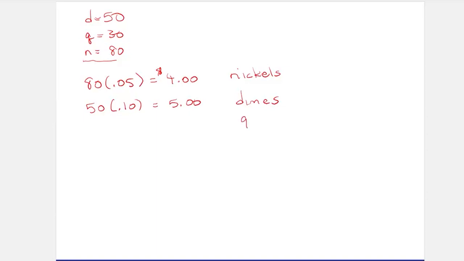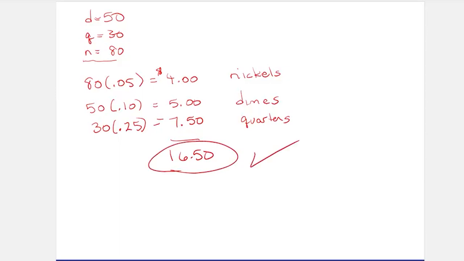And quarters: I have 30 quarters times 0.25, which is equal to $7.50. So let's add all that up. $7.50 plus $5 plus $4 is equal to $16.50, which is exactly what they said it would be equal to.